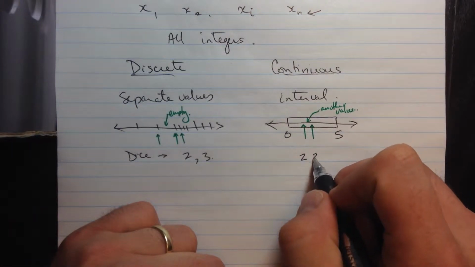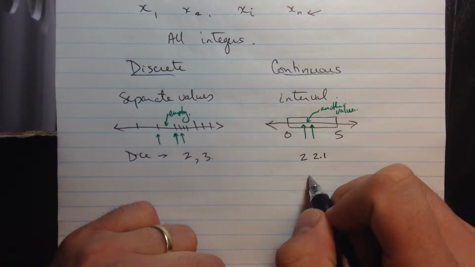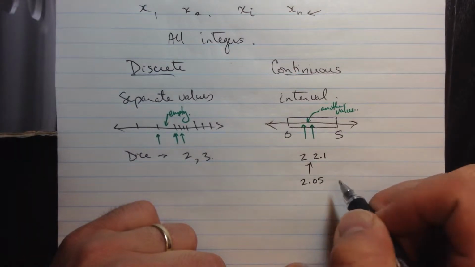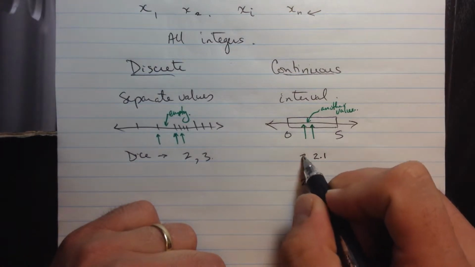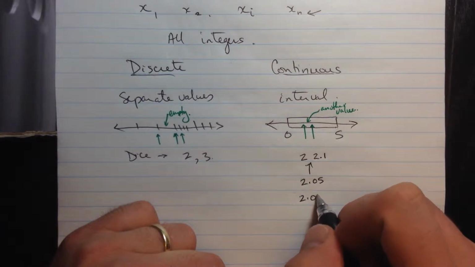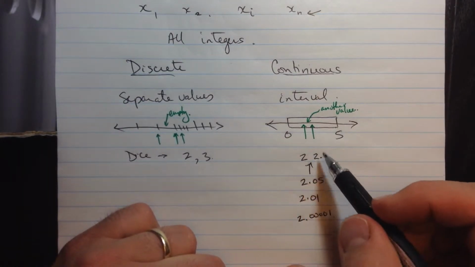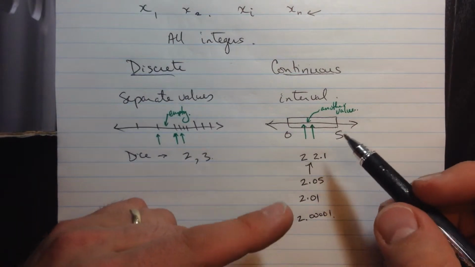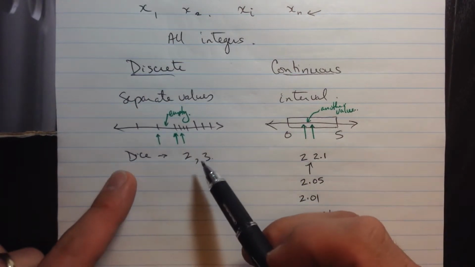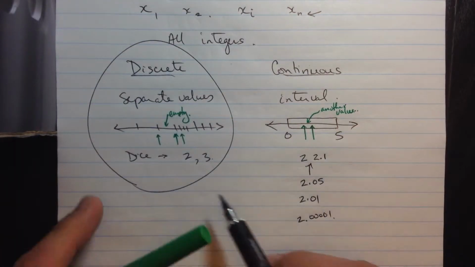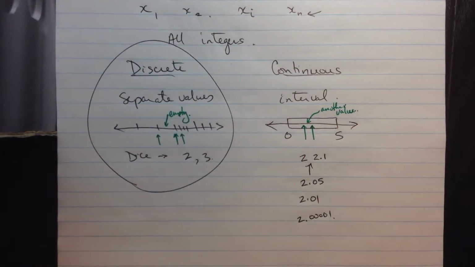If you pick something that you think is close, like say 2.1, then in between you're going to see there's a value 2.05, and, well, that's a little closer, let me try to get closer. No, there's 2.01 or 2.00001. There's always another value in between. So that's what a continuous random variable is, as opposed to a discrete one. So we're just going to look at these discrete ones for now, and then later in the course we're going to talk about the continuous kind.